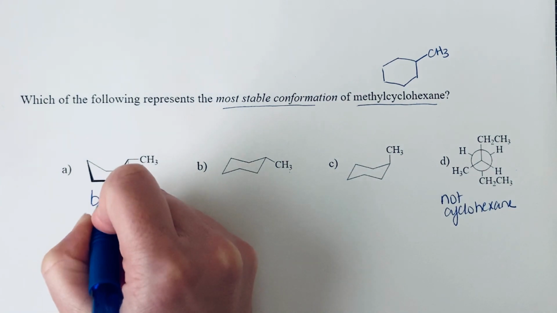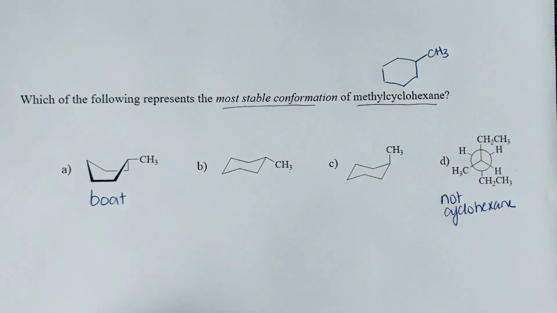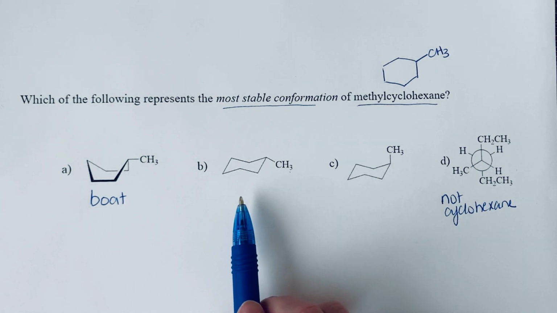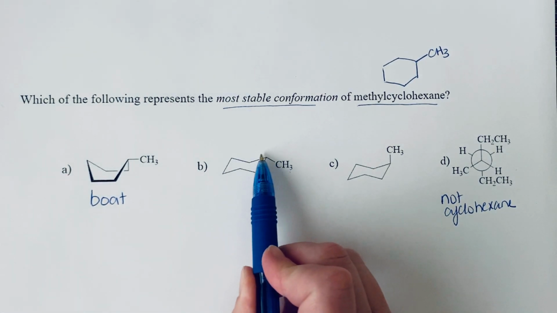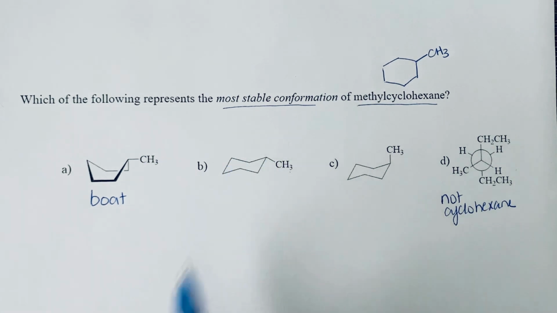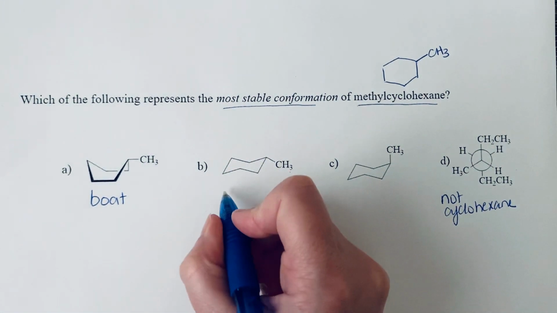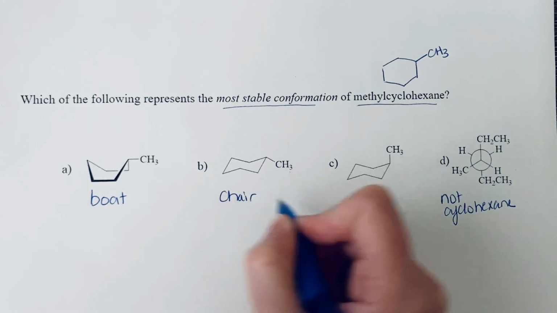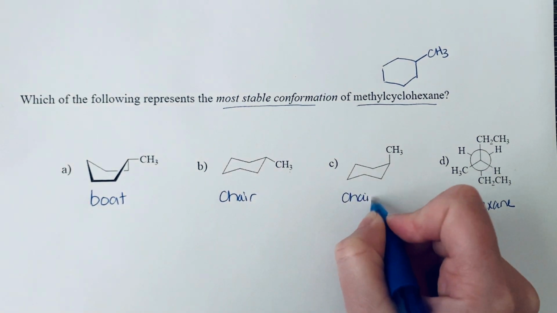So this is the boat conformer of cyclohexane. And if you use your imagination even more and picture a person lounging, maybe their back is here and their feet up, in this chair conformation. So this is a chair, and this is also a chair.